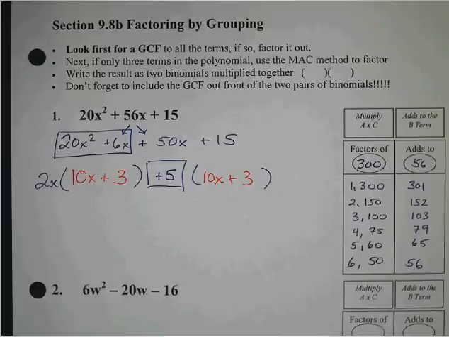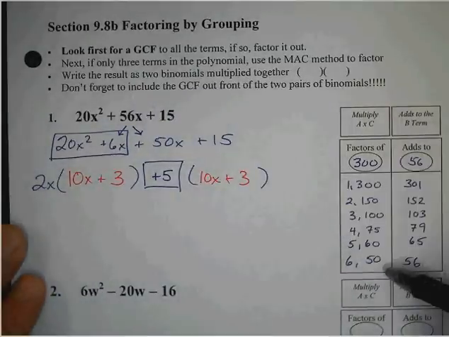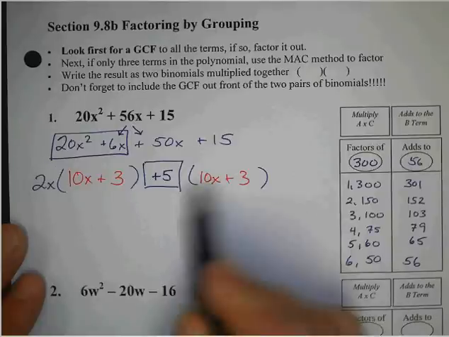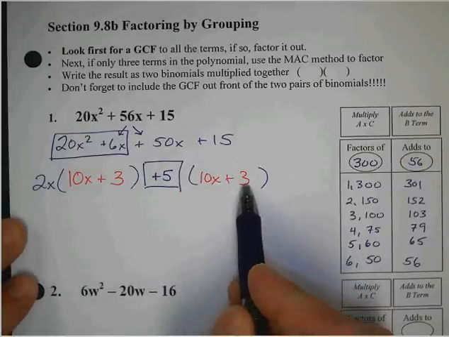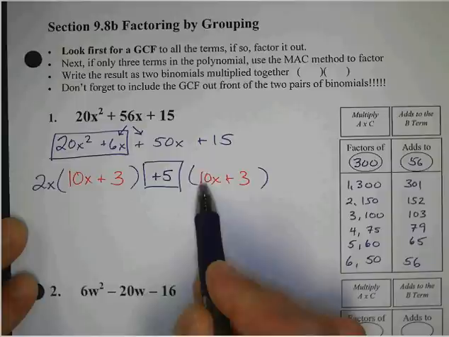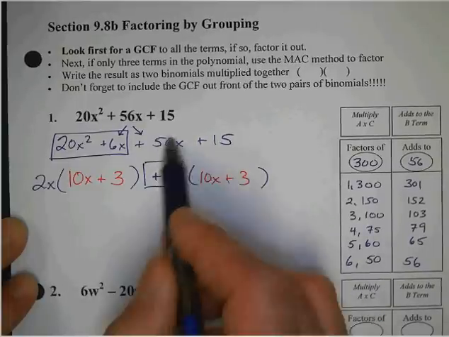So if both of those work, we're in good shape. But if only one works, that is an indicator that your MAC table had some kind of a problem. So always make sure you check both of those. I've had some students just do the back one, they made a mistake in the middle, and then this number doesn't translate to these 3.